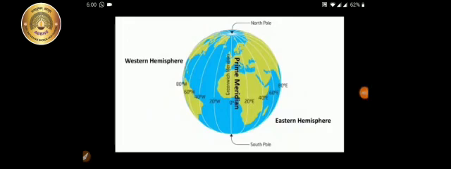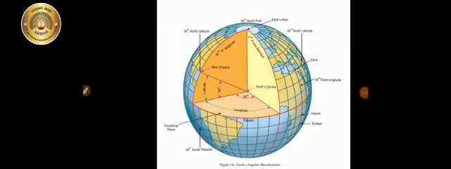Meridians in the eastern hemisphere are labeled as 10 degree east, 25 degree east, 135 degree east, etc. While in the western hemisphere they are labeled as 10 degree west, 25 degree west and 135 degree west, etc. 30 degree east is the semicircle that joins all places at an angular distance of 30 degree.